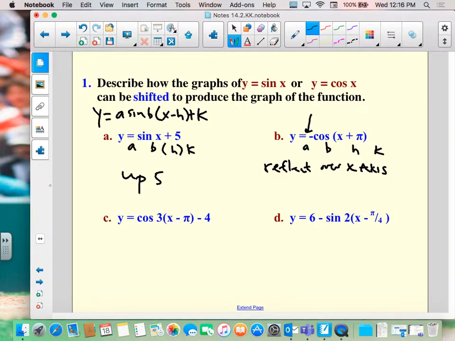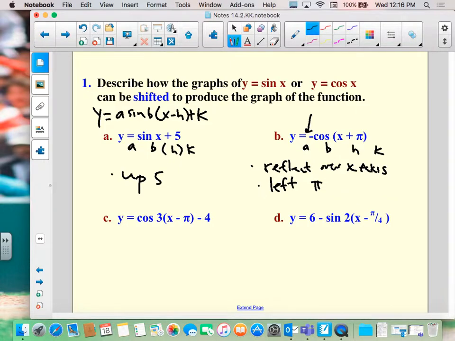A is still 1, it's a negative 1. The amplitude is the absolute value of a. B is still 1, period is still 2 pi. Our h is plus pi, so we are going to go to the left pi. Remember, plus is to the left, and k is still 0. So those are our two different shifts, where letter A only has 1.